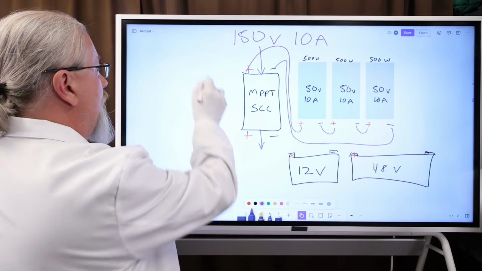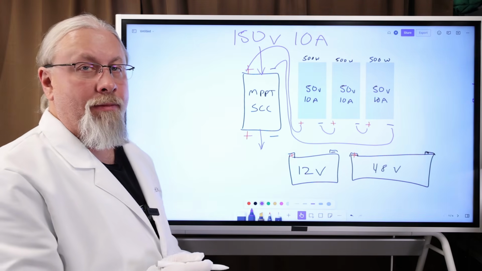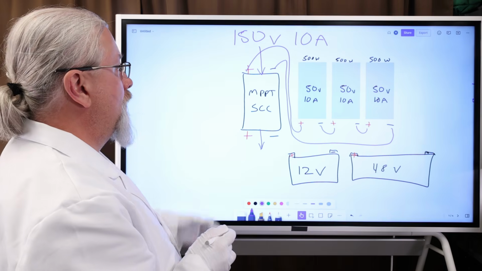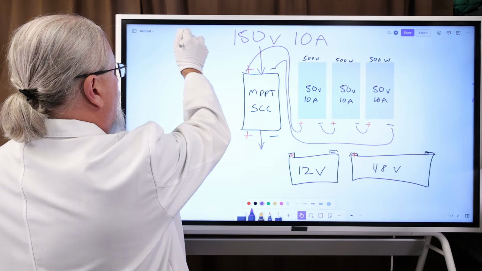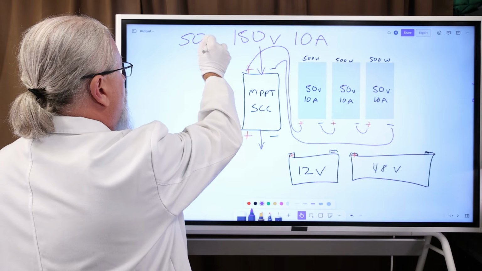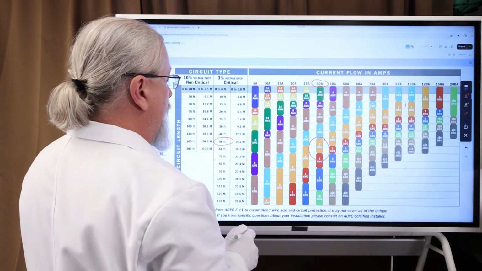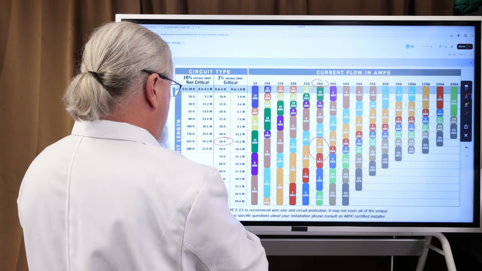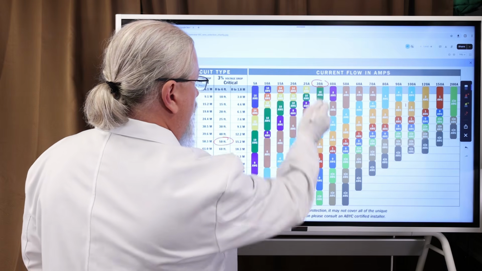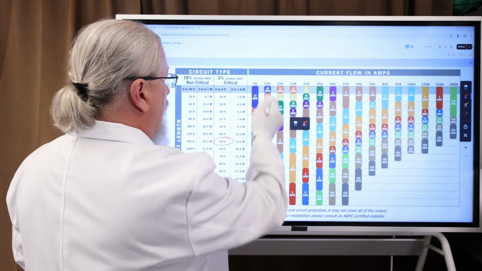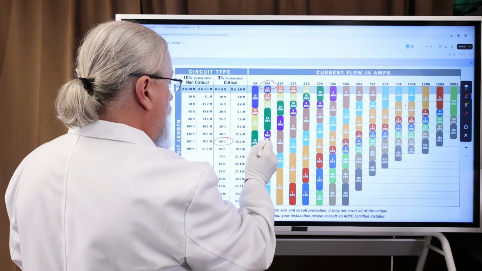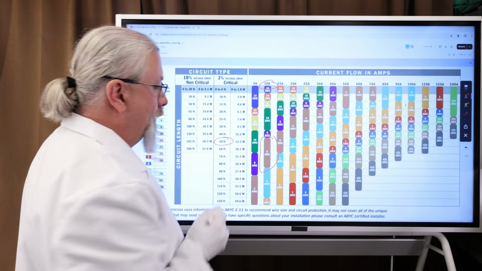So you're still getting the same 1500 watts as you got before running them in parallel, but this time it's only running at 10 amps. We're going to stick to 50 feet, okay? Go back to the Ampacity chart, and this time, instead of 30 amps, we only need 10 amps. And that means we can run 6 gauge cable.